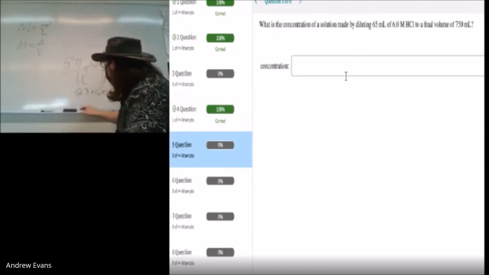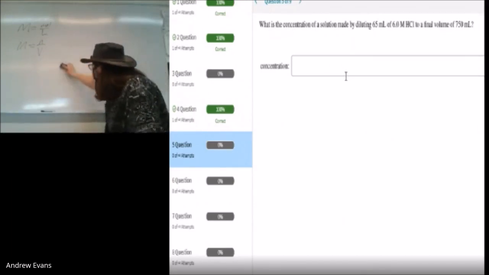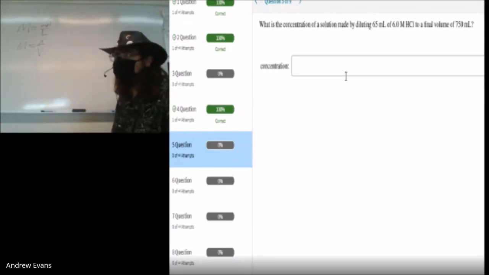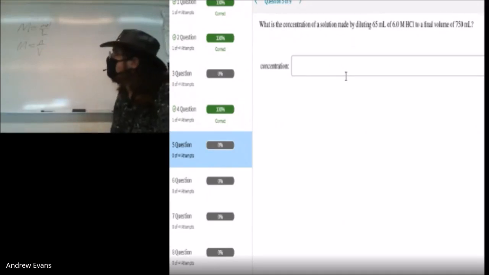So a dilution problem works under the concept that in a dilution, the moles of our molecule does not change. When we add more water, we are not subtracting or adding HCl molecules. We are leaving the amount of HCl in there constant.